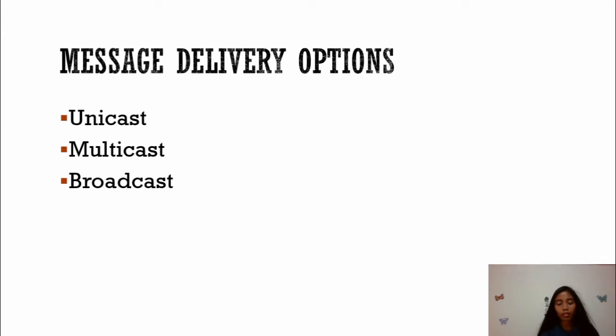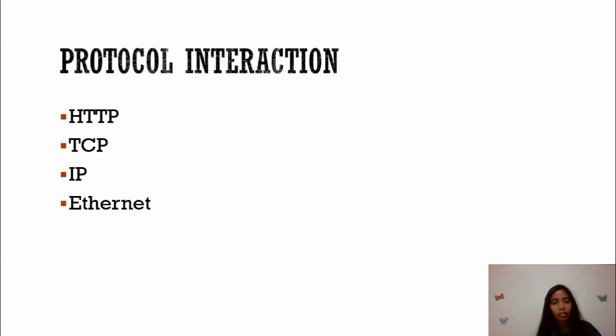In networking, we have one source and it will send the message to all of those connected to that source. So for the unicast, we have 1-1, for the multicast, we have 1-2, and for the broadcast, we have 1-many.